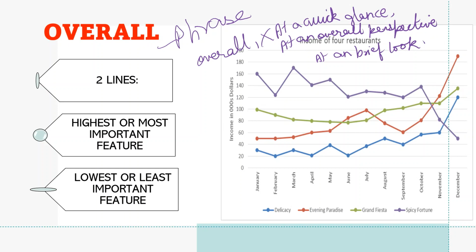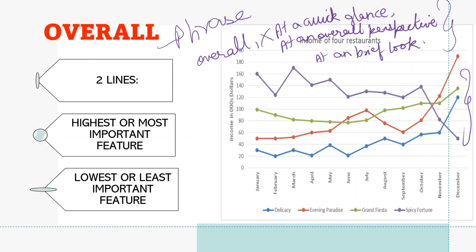Write a phrase which not only gives you word count but also shows your knowledge of good cohesive linker devices. So always start your paragraphs with phrases. After starting your overall paragraph with one of these phrases, you will write the highest, the most striking feature of the chart. Whichever you feel is the highest or the most striking feature, you need to write that.